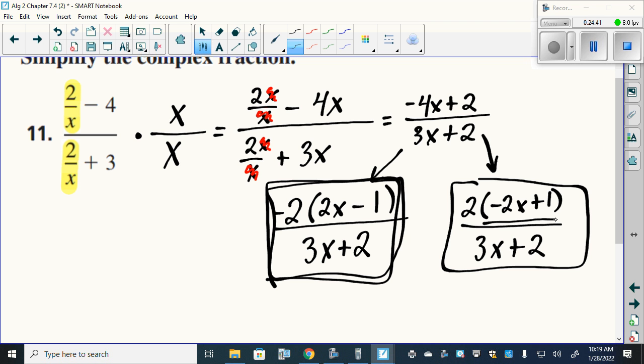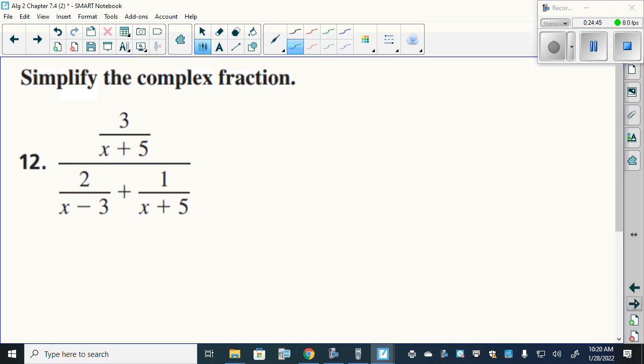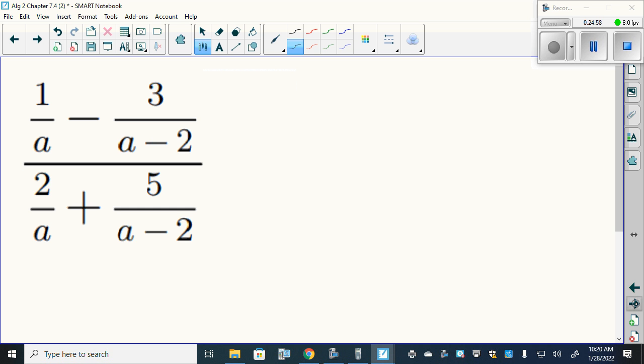Questions on this here? All right. I feel like y'all are getting the hang of this, yes? Let's skip this one. Whoa. These look like they're hard.